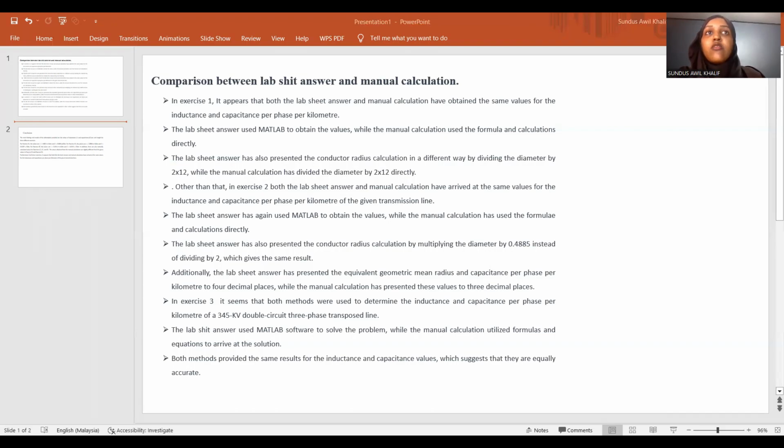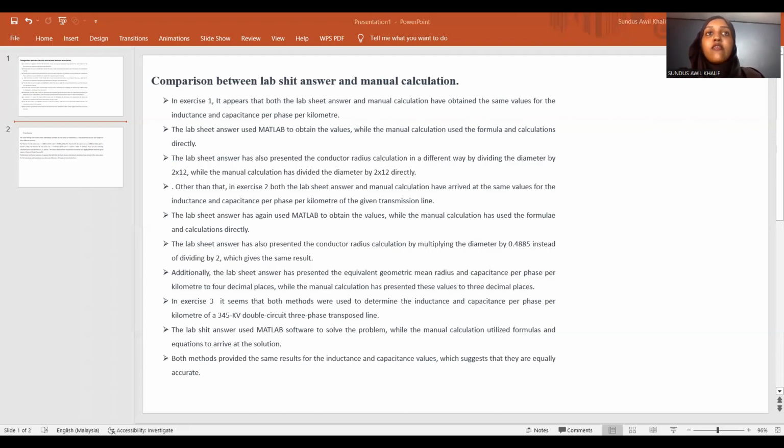The lab sheet answer has also presented the conductor's radius calculation by multiplying the diameter by 0.4885 instead of dividing by 2, which gives the same result. Additionally, the lab sheet answer has presented the equivalent geometric mean radius and capacitance per phase per kilometer to 4 decimal places, while the manual calculation has presented these values to 3 decimal places.